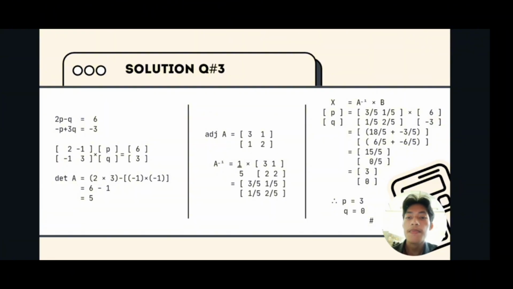So the answer is P equals 3 and Q equals 0.